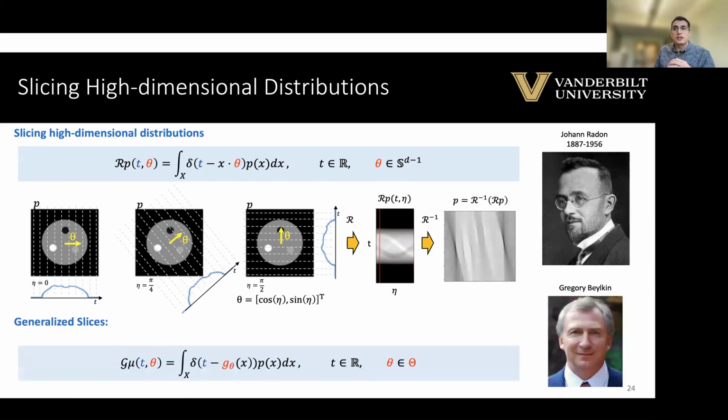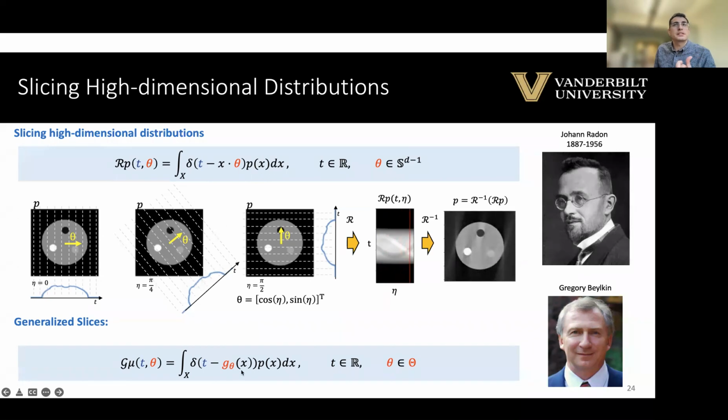Now, this idea is also extended to generalized slices, or the generalized Radon transform. Gregory Beylkin did that. Essentially, as opposed to having a simple inner product here in our delta function, we have a parametric function g theta, and this parametric function needs to satisfy a bunch of regularity conditions that I'm not going to go into. From a geometric perspective, what's happening here is that we are not integrating our distribution along hyperplanes any longer.